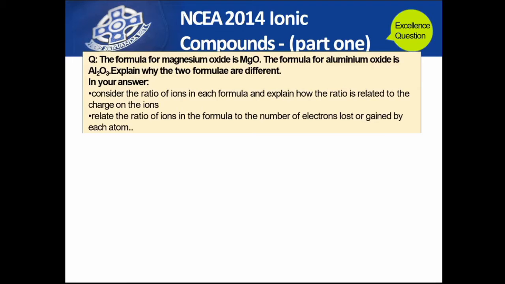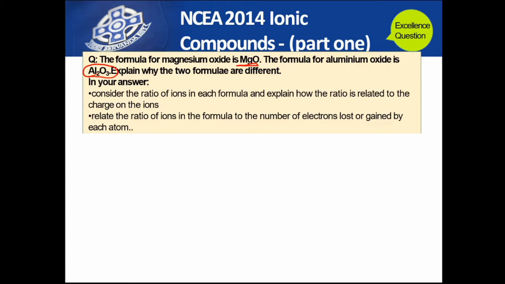So, looking at this, we have magnesium oxide. They want us to talk about magnesium oxide and aluminium oxide. So the formula for magnesium oxide is MgO, the formula for aluminium oxide is Al2O3. Explain why the two formula are different.